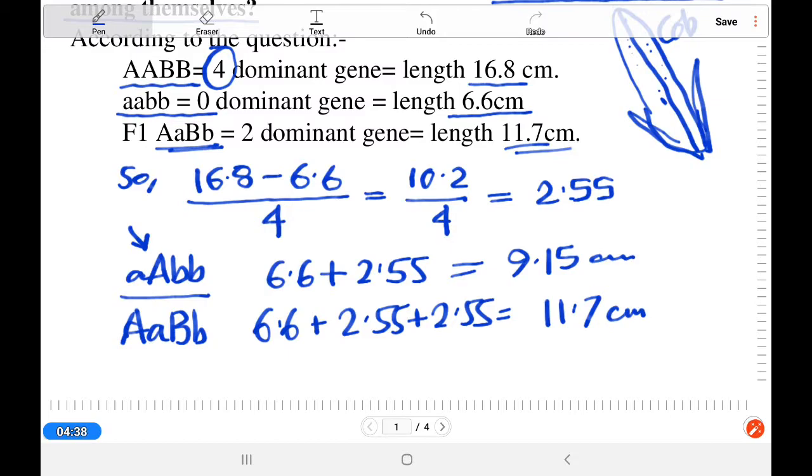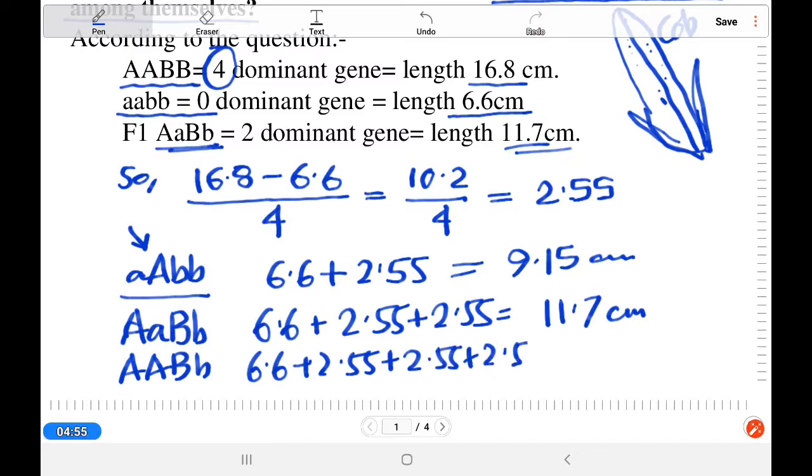Now if 3 dominant genes are there, then one more is added. It will be 6.6 plus 3 times 2.55, just calculate it. It will be 14.25 centimeter.